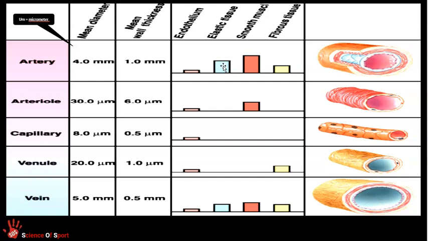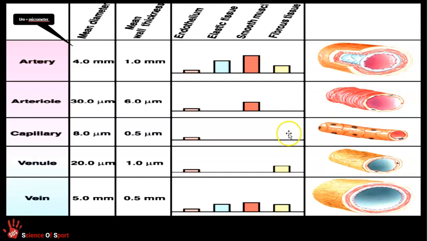The blood is going through arteries at high pressure, and we need the arteries to expand, to stretch and then recoil. So after the blood's gone through and it's stretched, we need that vessel to recoil back to its normal size, and therefore we need some more elastic tissue there. So this is quite a nice overview of the structure of the different vessels, showing that they all have the tunica intima.